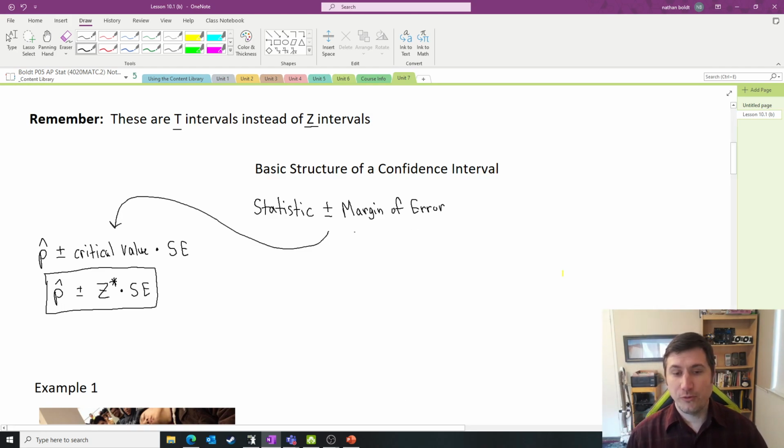Well, this, for means, is going to look very similar. Instead of p hat, our statistic is x bar. It's an average instead of a proportion, plus or minus the critical value times the standard error.